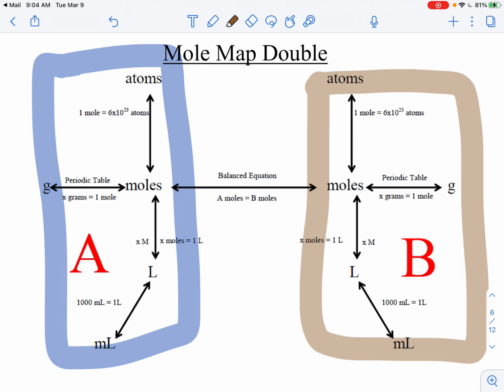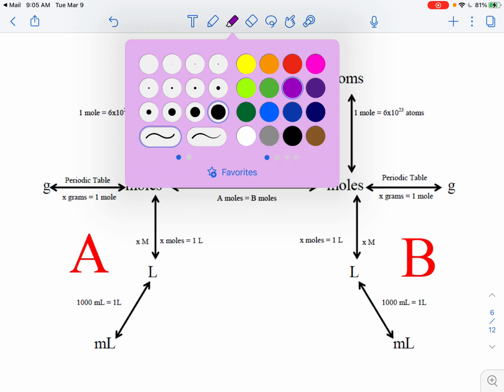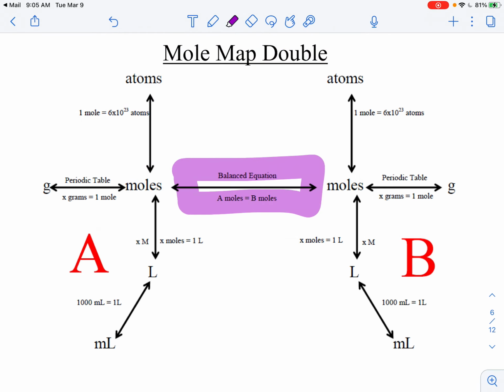The A is one chemical, the B is a different chemical, and the only thing that I just taught you, everything I just taught you was here in the middle, which is that if you have a balanced equation, then the moles of A and the moles of B from your balanced equation are equal to each other. Everything else works just like it did in part 1 of this unit.